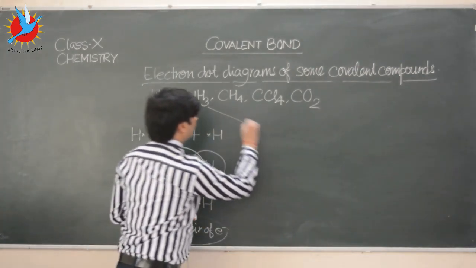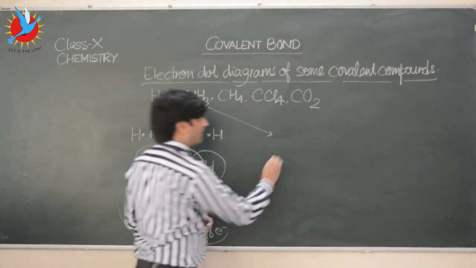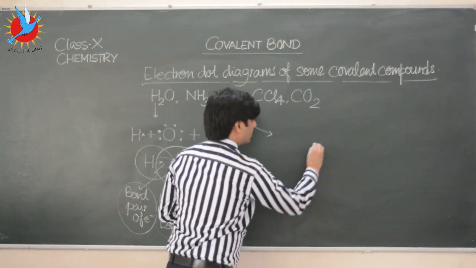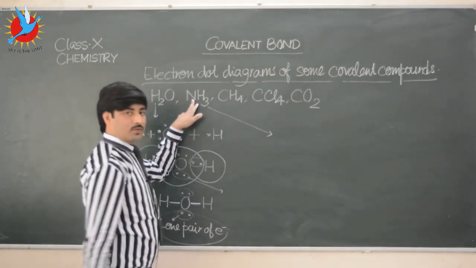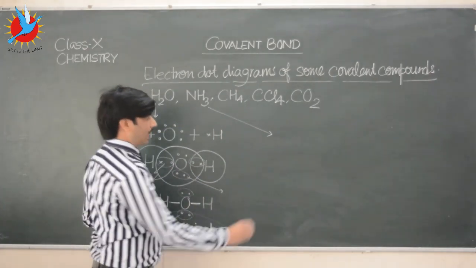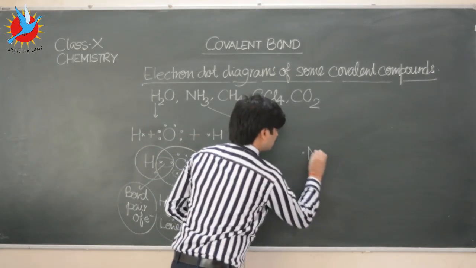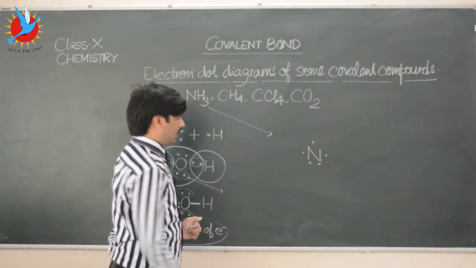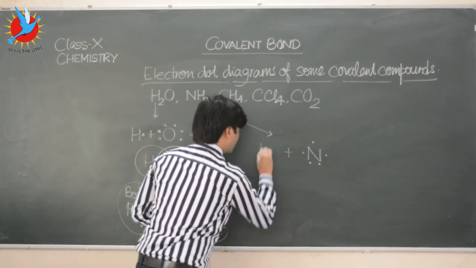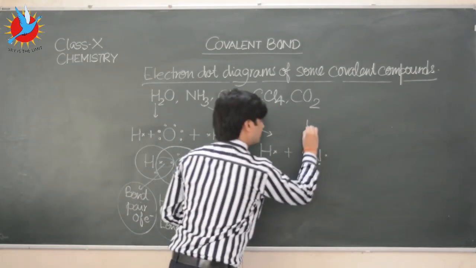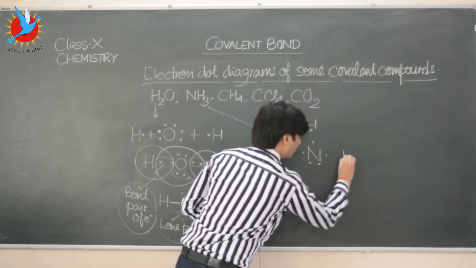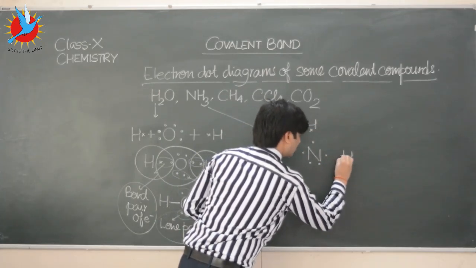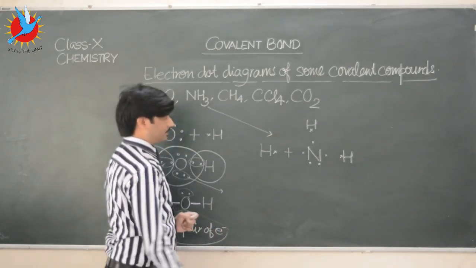At the same time, if we are talking about ammonia molecule, then ammonia molecule has 1 nitrogen atom and 3 hydrogen atoms. Nitrogen, having 5 electrons in its outermost shell, will combine with 3 hydrogen atoms, having 1 electron each.